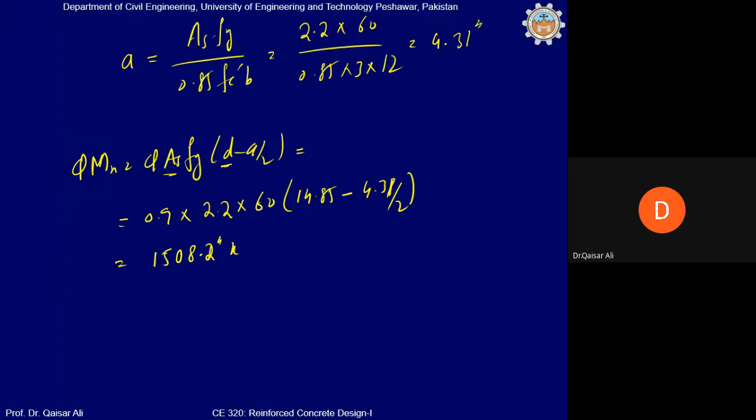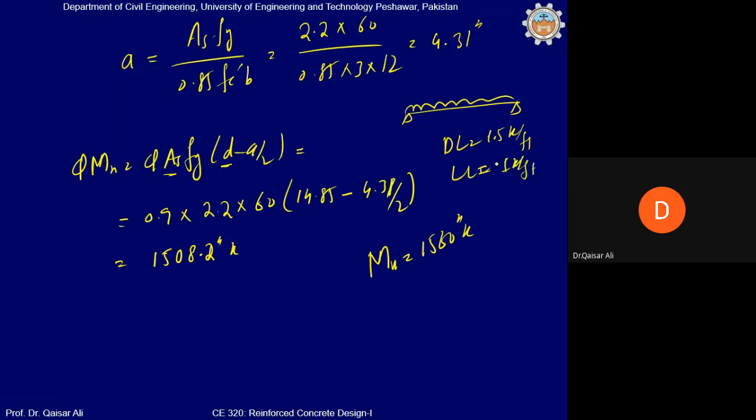If you remember the demand, what was the demand? Mu. 1560. It was equal to 1560 inch kip. If you remember, there was a simply supported beam on which dead load of 1.5 kip per foot was acting, and live load was equal to 0.5 kip per foot.